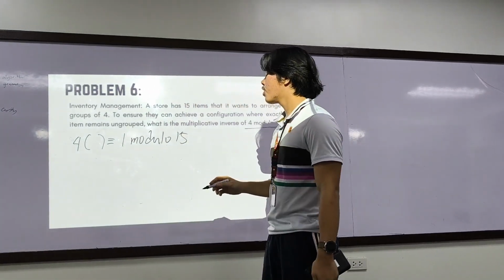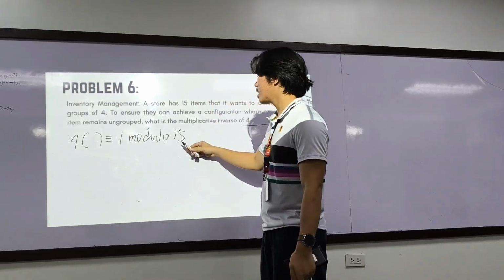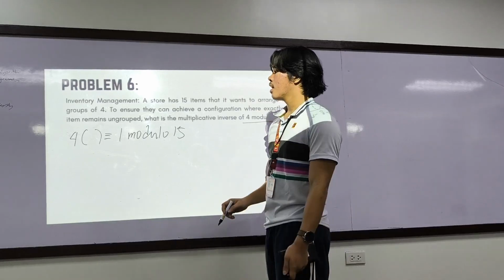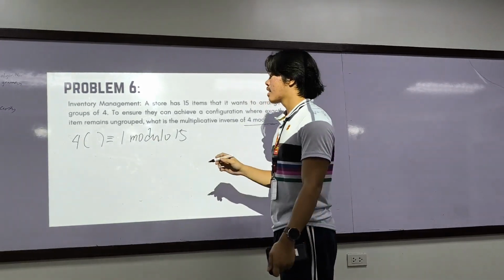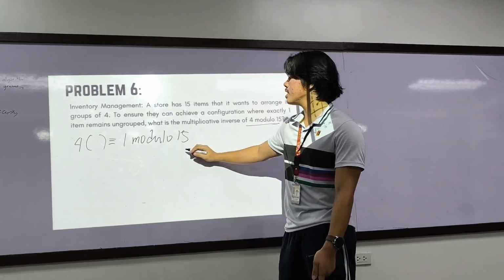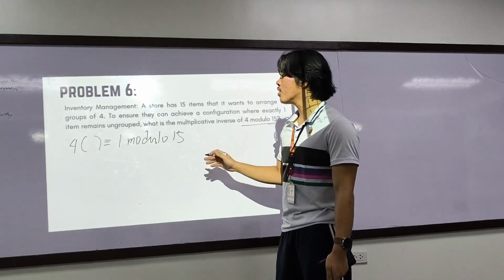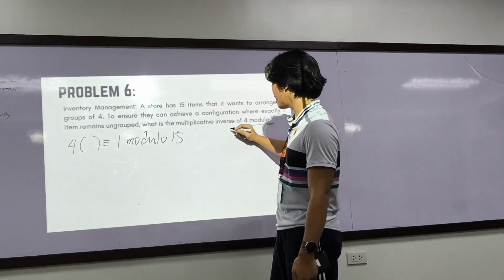4 times 2 is equal to 8, and it still does not exceed 15. 4 times 3 is equal to 12, and it still does not exceed the number 15. And we have here 4 times 4, which exceeds the number 15.